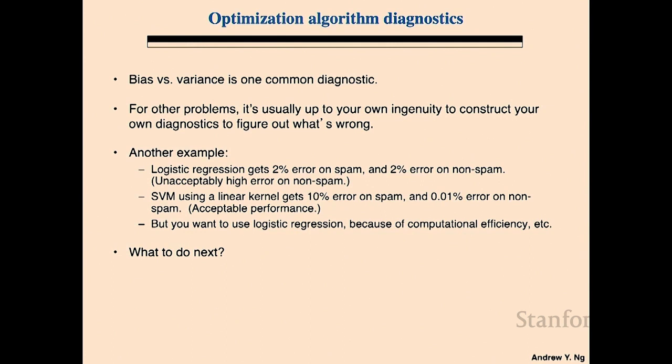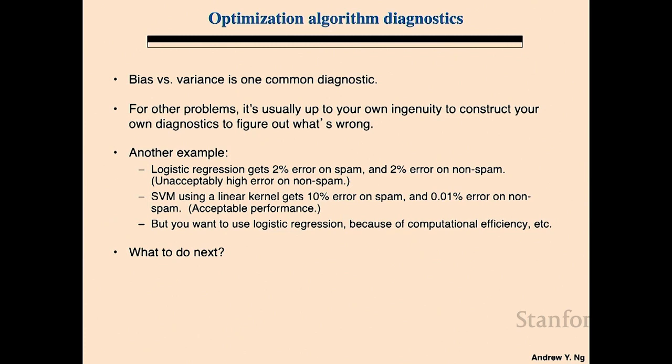But 2% error on non-spam is just not really acceptable because you're losing 1 in 50 important emails. And let's say that your teammate also trains an SVM, and they find that an SVM using a linear kernel gets 10% error on spam, but 0.01% error on non-spam. Right? Maybe not great, but for purposes of illustration, let's say this is acceptable.